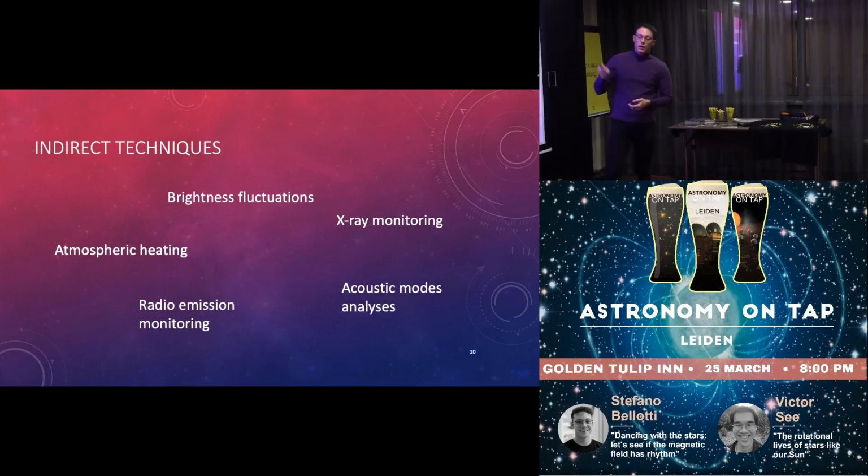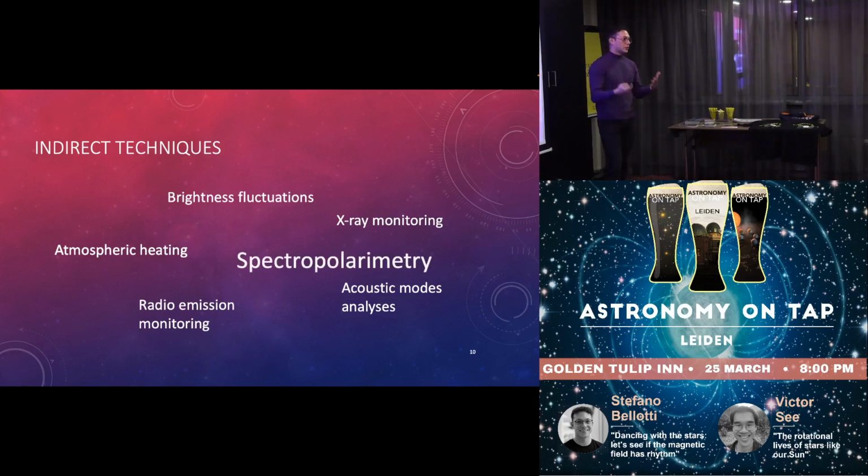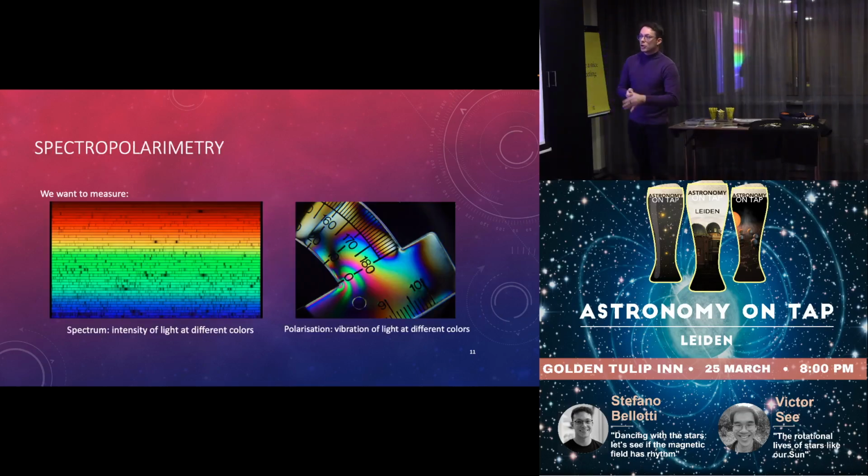There are many ways to apply these indirect methods, but I'm not going to talk about them here. I'm just going to focus on one in particular, which is what I do, called spectropolarimetry. It's a mouthful, so I'm going to try to break it down. Spectra means that we need to record the colors of light and how intense they are, which is this part over here.